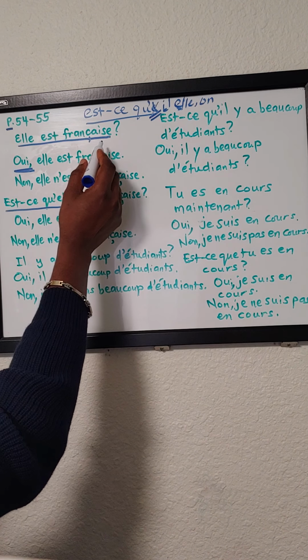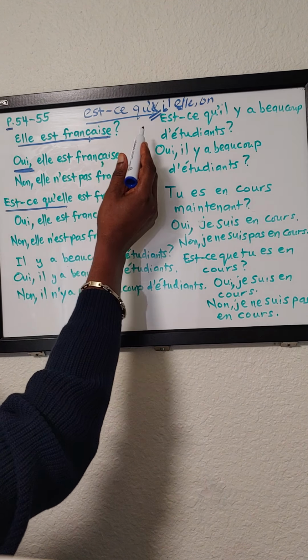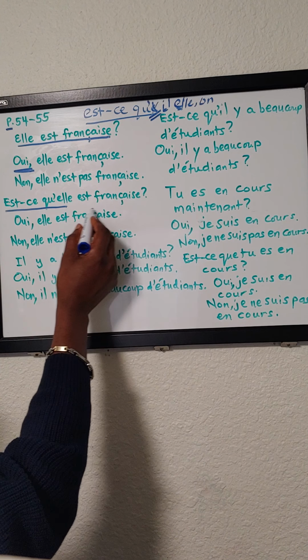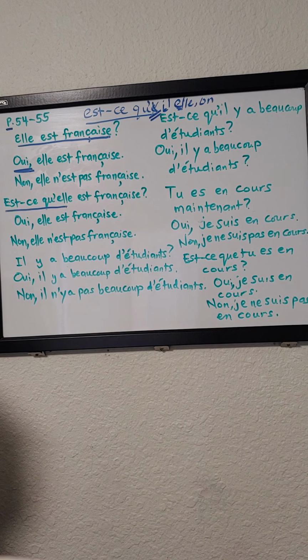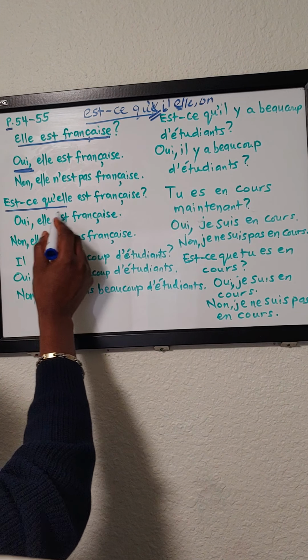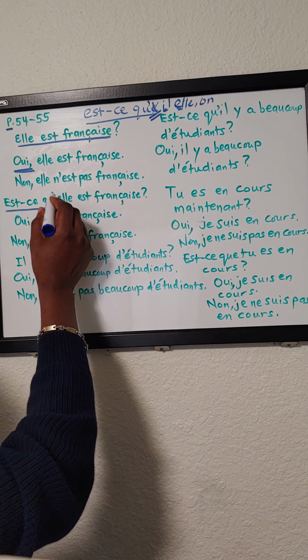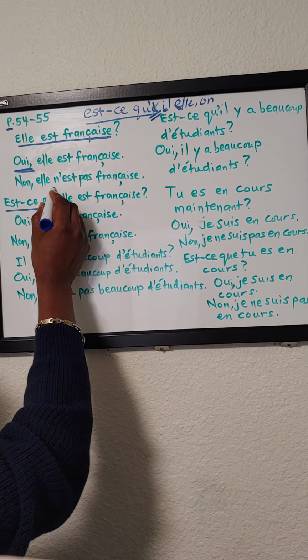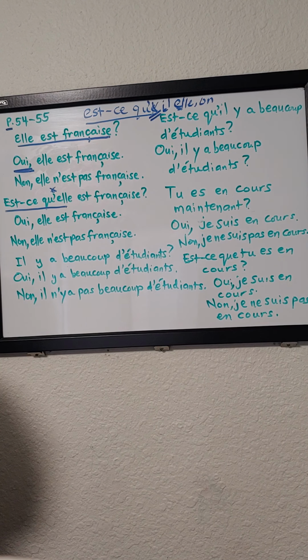When it becomes a question, you put est-ce que in front of elle est française, and the statement changes into a question. Est-ce qu'elle est française? You know that the E has been dropped, and then we put our apostrophe there.